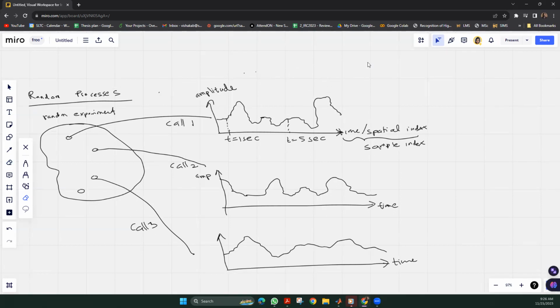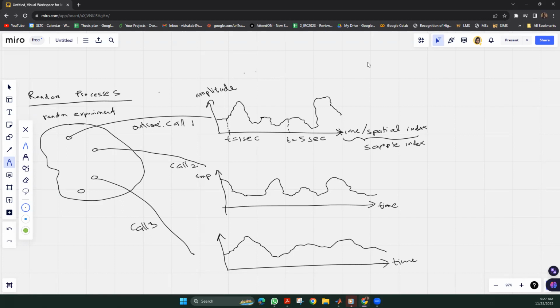I mentioned to you in the last class that when we consider multiple realizations, the first definition is the output of one outcome. Now this is one outcome of the random process.